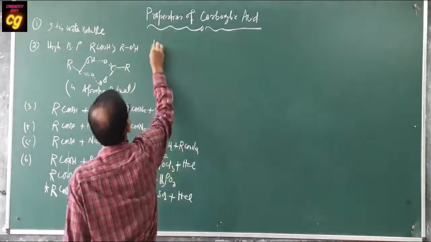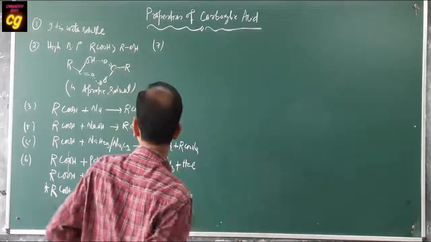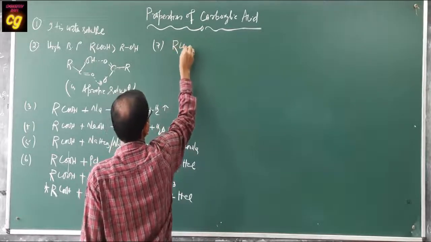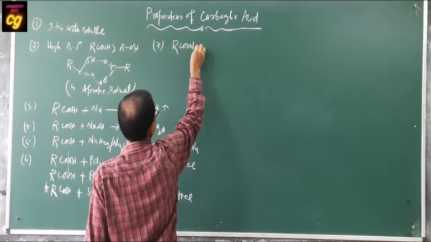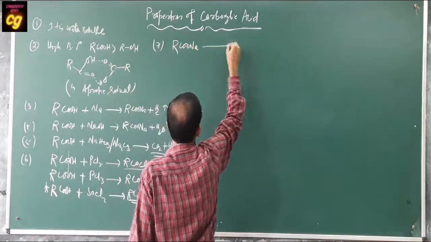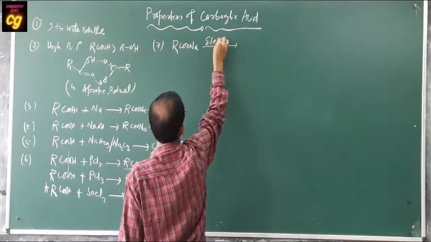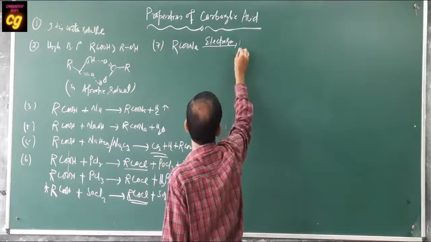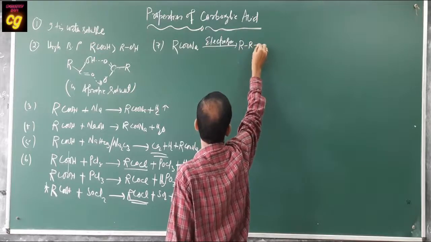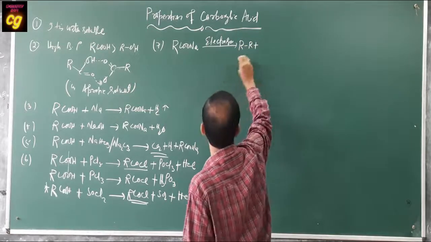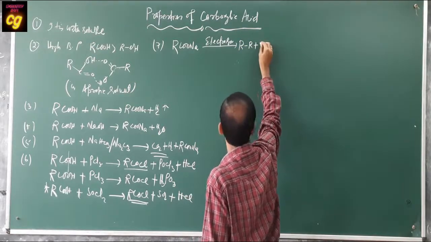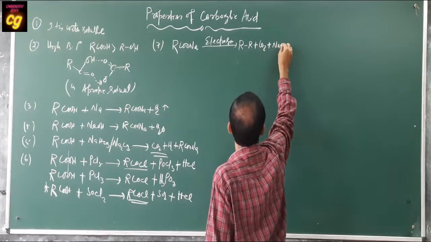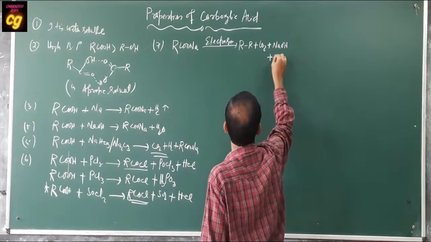Then when the salt of acid undergoes electrolysis, it produces alkane, carbon dioxide gas, sodium hydroxide and hydrogen.